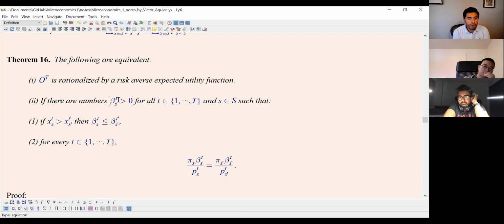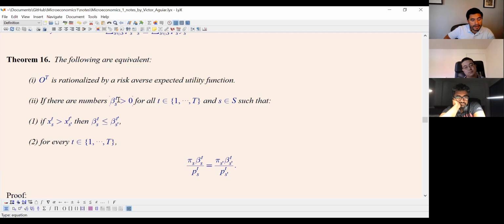And now I have the following properties. First, if X_S^T, that means the consumption you get in state S in trial T, is greater than or equal to the consumption of another state S prime in another trial, say trial 30, then it has to be that these V's, which are the marginal utilities, go in the reverse direction, because the marginal utility is decreasing. So it has to be in the other direction.